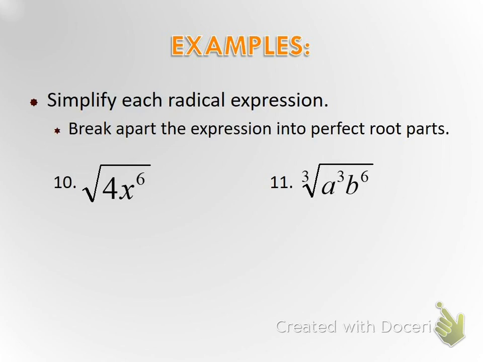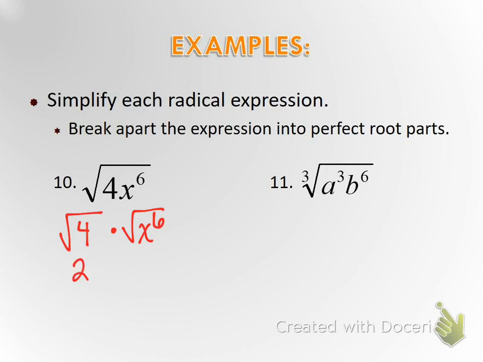The square root. Okay, if there's nothing written in the index, it's understood to be a 2, meaning we're taking the square root. So if you want, you can break this into the square root of 4 times the square root of x to the 6th. If it helps you to think about the number separate from the variable, that's fine. Break it up like that. What's the square root of 4?